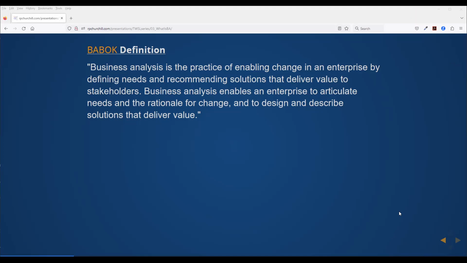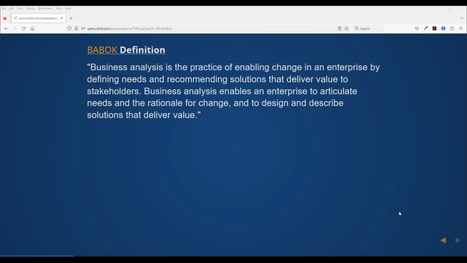All right, so I will give you the definition of business analysis straight out of the BABOK. I usually don't like to quote the BABOK too directly, but in this case, the wording is so good that I can't come up with anything better.